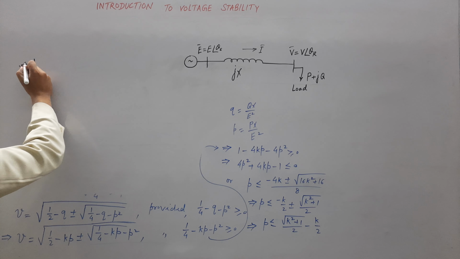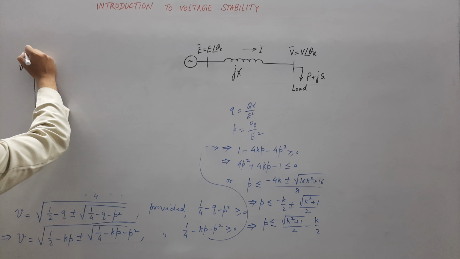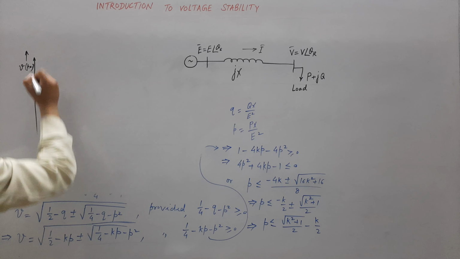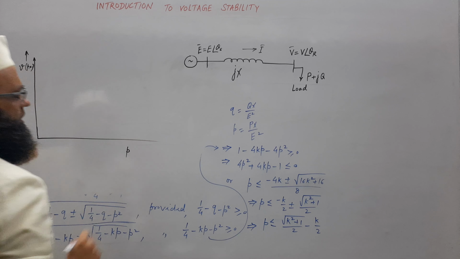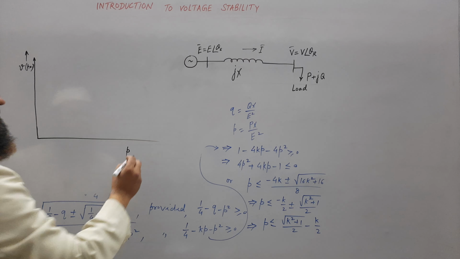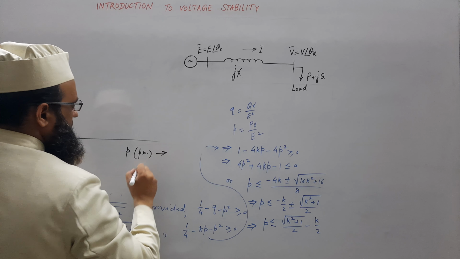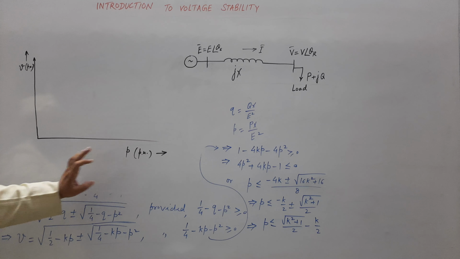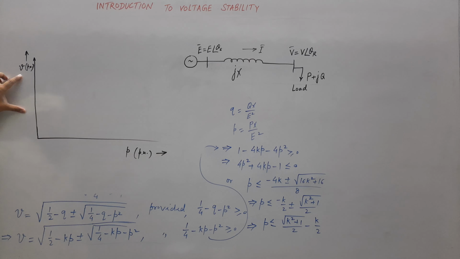You may write in per unit, PU, per unit voltage on this axis, and P, that is per unit value of active power in per unit. You know what is P, and I am not going to write. Active power consumed by load, active power versus bus voltage. This is plot between, known as PV curve.